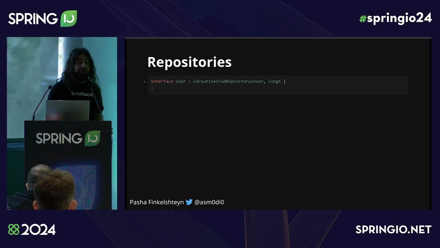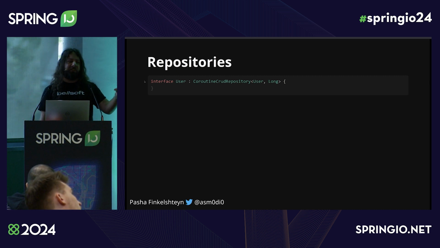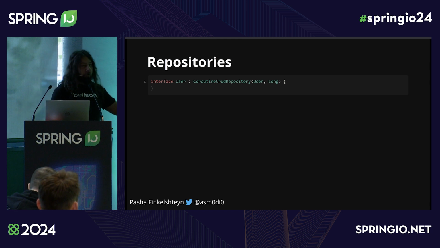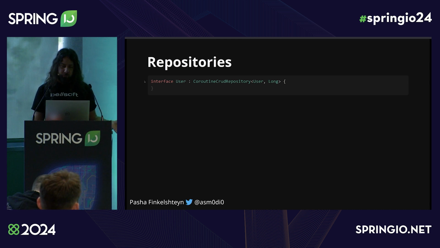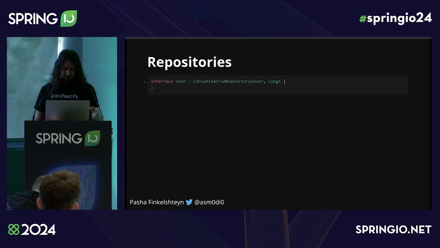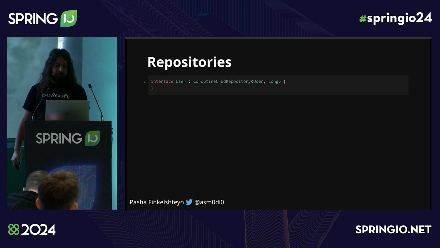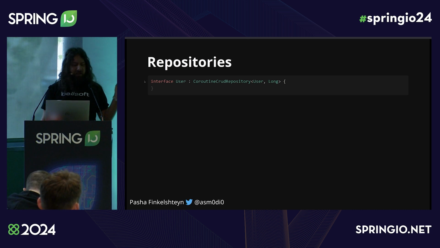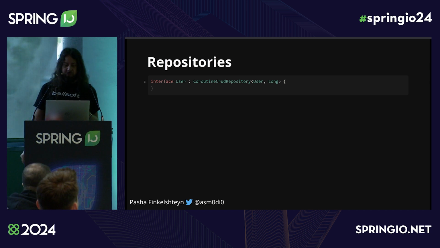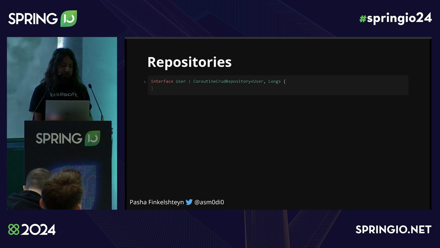Let's talk about repositories. You probably know Spring Data JPA repositories. I won't talk about them. There are coroutine repositories too, and they are used in the very same way. For example, this example from the documentation, interface User, but I have this example in my code too. It implements a CoroutineCrudRepository of User and Long.